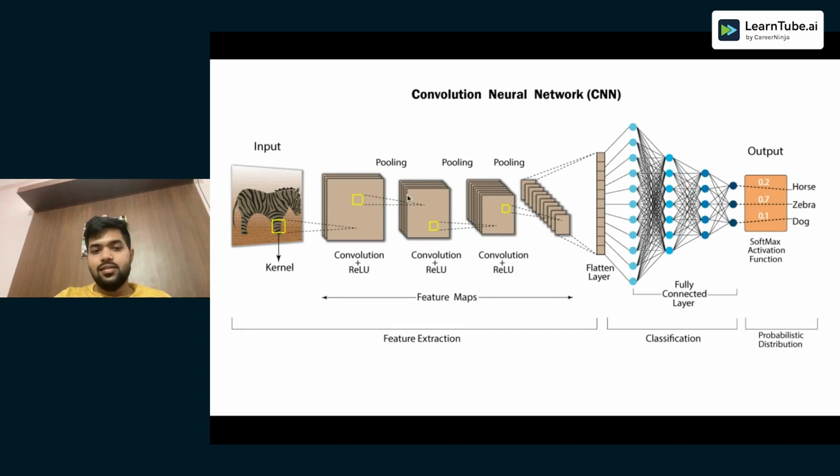This keeps happening till a level where the image data becomes very small in matrix size, and you can do your model development over it, or create your prediction over it.